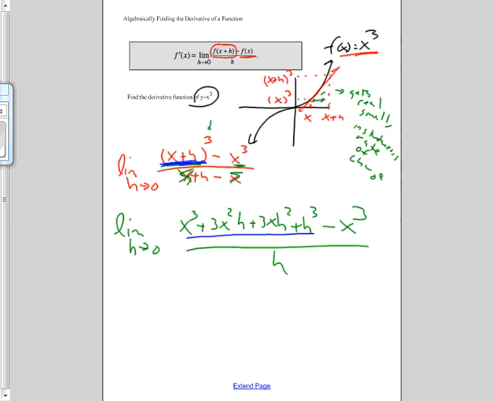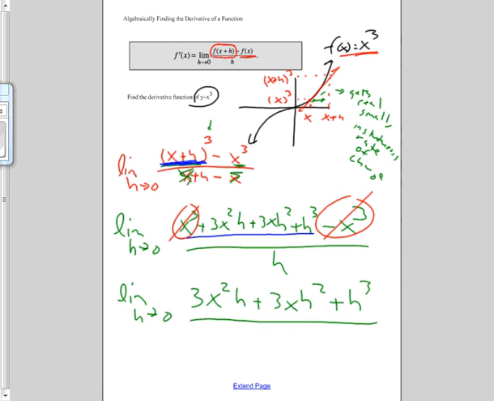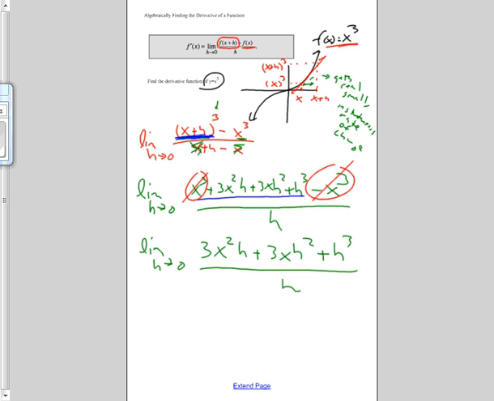Simplifying this, we have the limit as h approaches 0. Well, x cubed and negative x cubed are going to go away. So we're left with 3x squared h plus 3xh squared plus h cubed all over h. And the technique is the same now. Let's separate these fractions, and then let's let h approach 0.